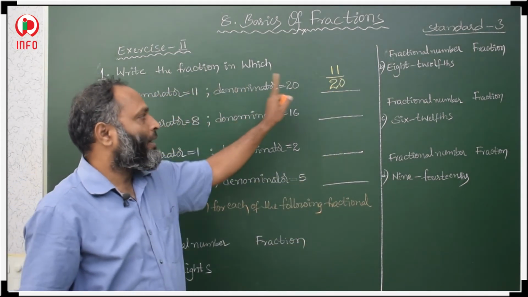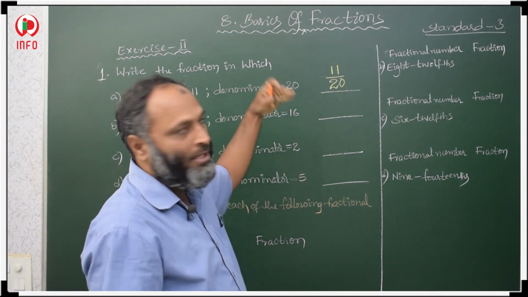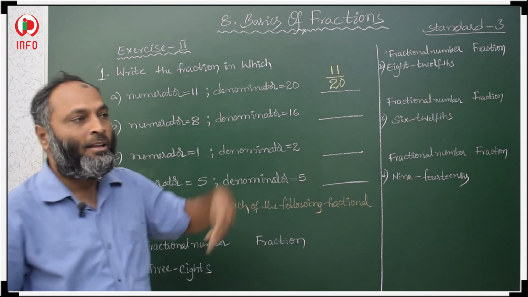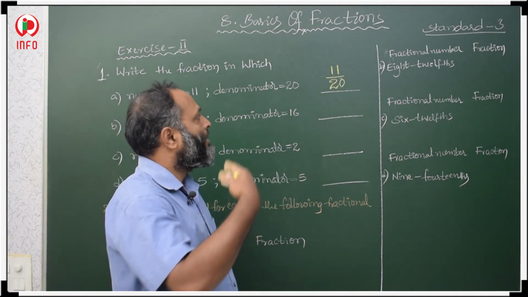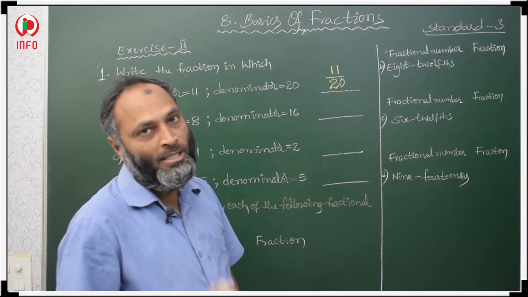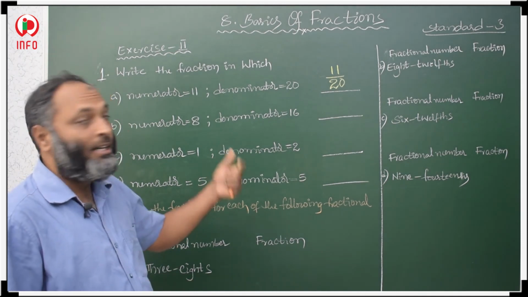The numerator we write upside the dividing line, and downside we write 20, the denominator.